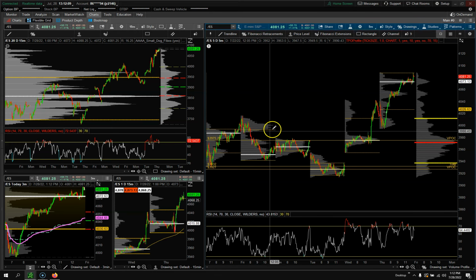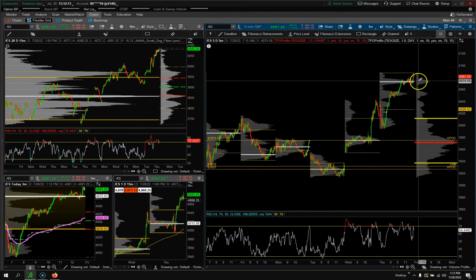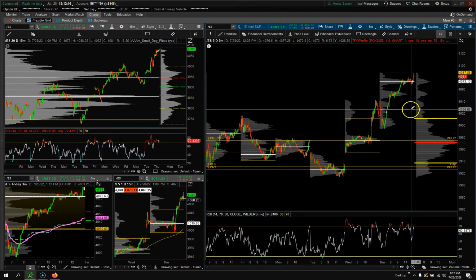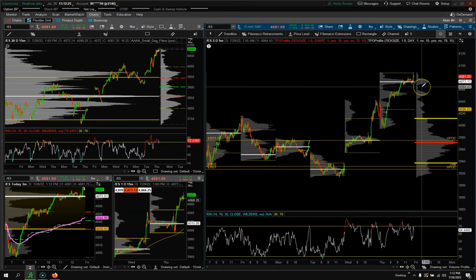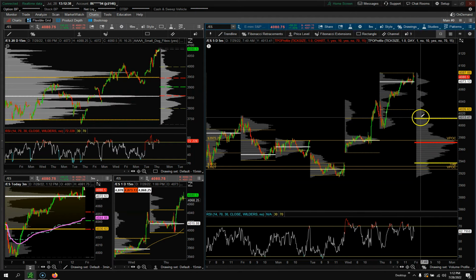And price came directly to this value area high, meaning if price tomorrow starts to fall and we pull back, I would maybe watch this value area high as a potential buy point for a potential bounce. Also over here, I'll watch this market profile TPO. If we pull back, I would probably use value area high as a potential support level for buyers.